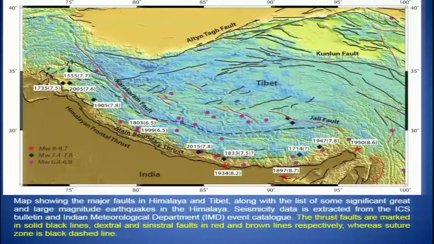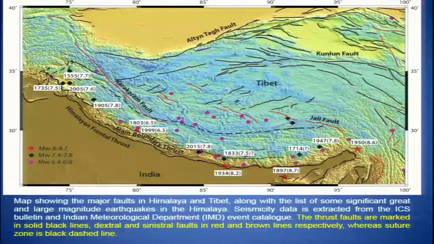Now, if you look at this map, which again has most of the historical as well as the recent earthquakes, starting from the west side, you have 1735, 1555, the recent Kashmir or Muzaffarabad earthquake of magnitude 7.6 in 2005, 1905, 1803, and then 1999.